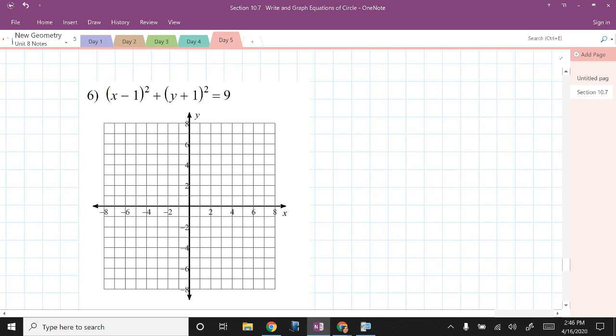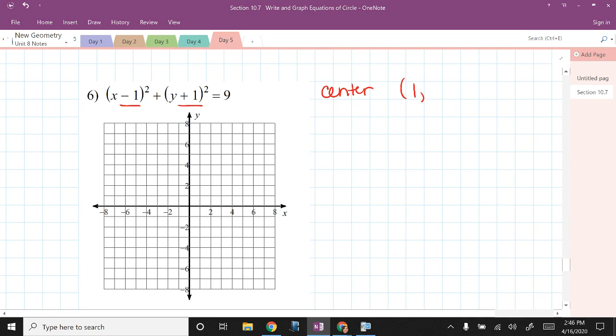So it's just like what we just did. They give you the equation of the circle. You're going to want to find the center and the radius and then draw the circle on the graph. All right. So for the center, remember we change our signs of the numbers in there with the x and the y. So my x value of my center is going to be opposite of -1, which is +1.